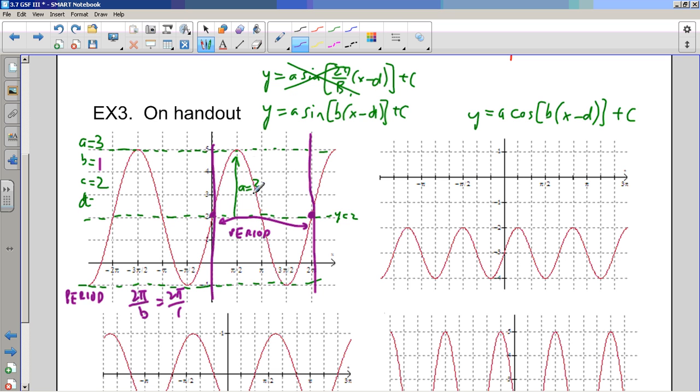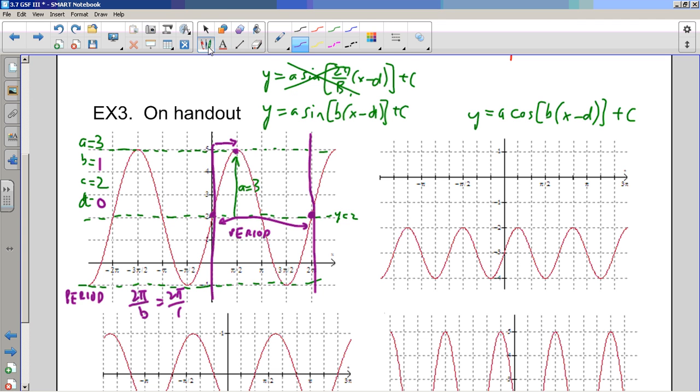Well, notice if I picked a cosine function, there'd be a phase shift of D equals pi over 2 to the right, because a cosine starts at its maximum. But I'm going to pick a sine, because a sine starts at its vertical displacement or at its axis, and then I can say it has a phase shift of 0.